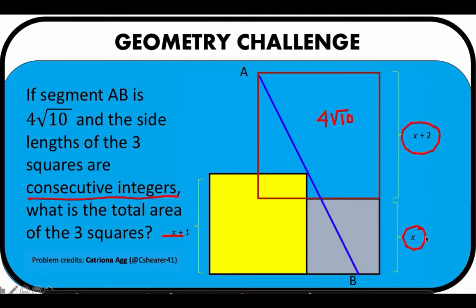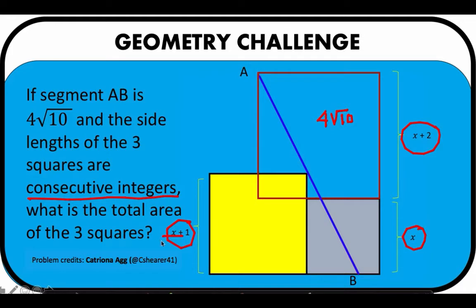So the side lengths now are x, x plus 1, and x plus 2. These are consecutive integers because the difference between consecutive integers here is 1 unit. X plus 1 minus x is 1. X plus 2 minus x plus 1 is also 1.